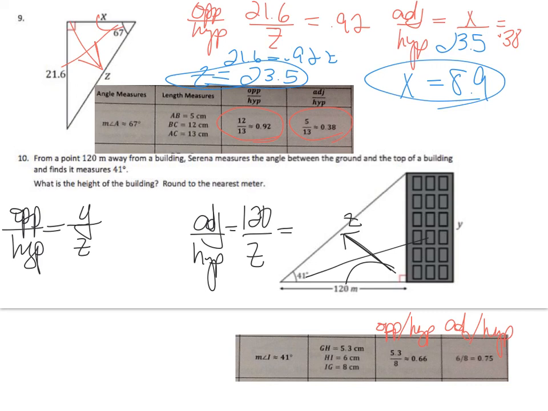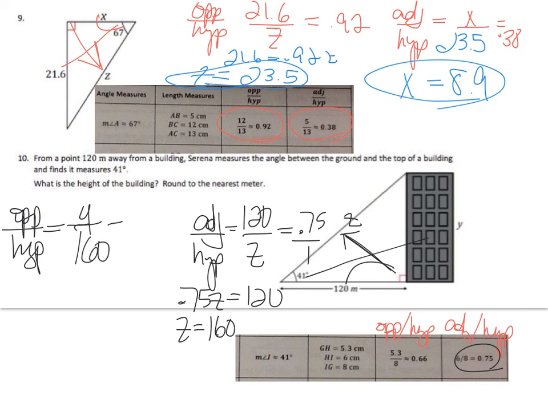So let's solve for z here. So we're going to compare it to adjacent over hypotenuse, which is 0.75. Do some multiplication. I have 0.75z equals 120. z equals 160. So I can actually replace that here and compare it to 0.66.